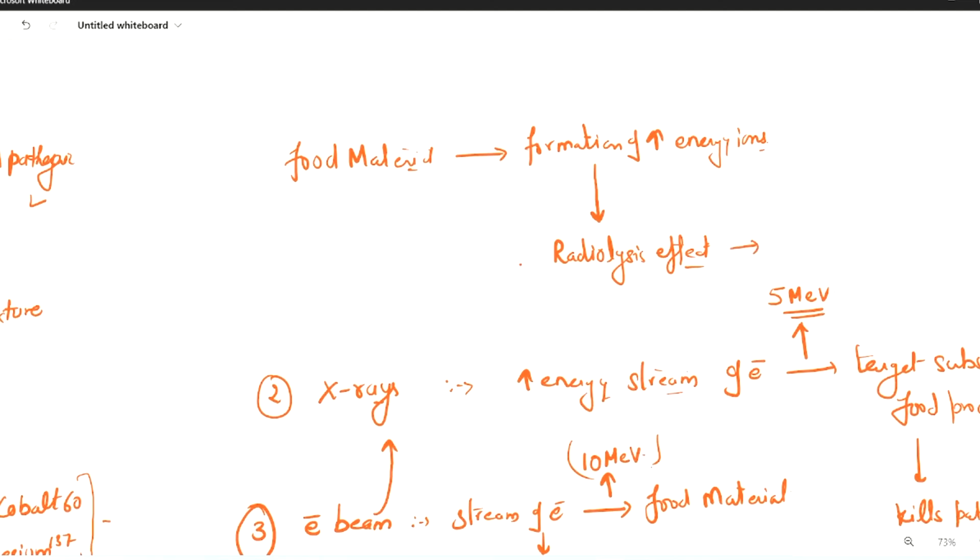In this, all the pathogenic microbes and insects get killed.